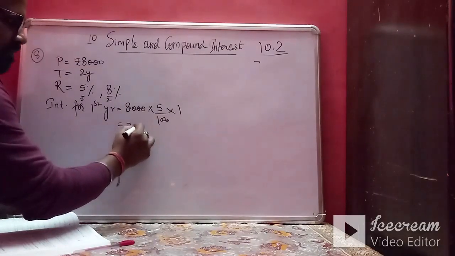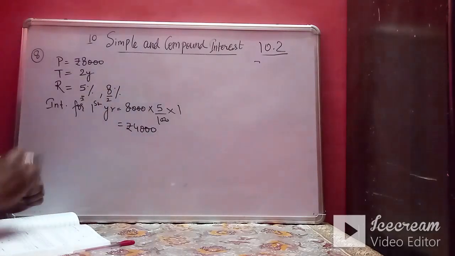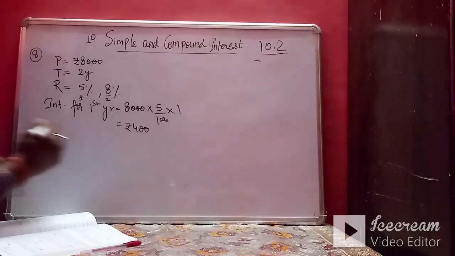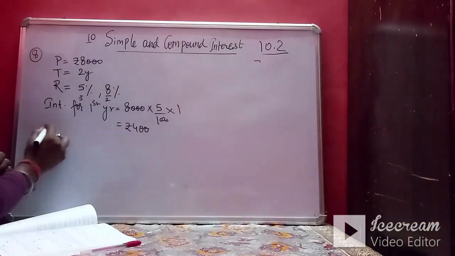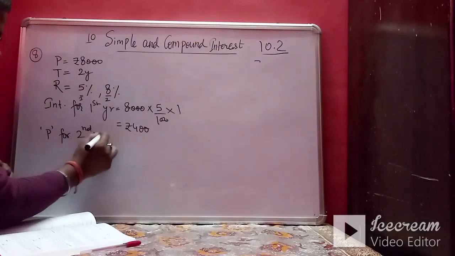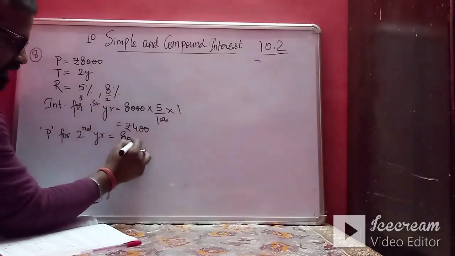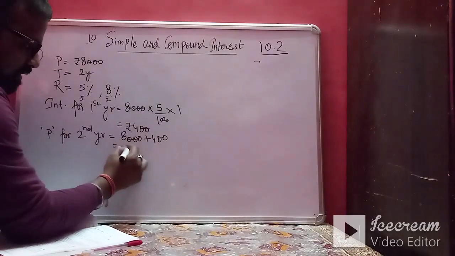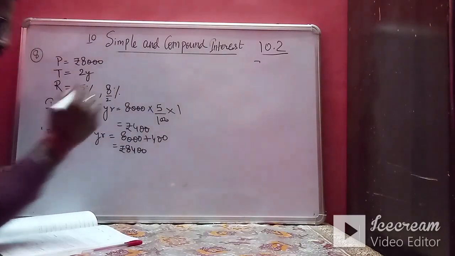So it is rupees 400. Then we will calculate P for second year as usual. So it will be 8,000 plus 400. So our answer will be 8,400.